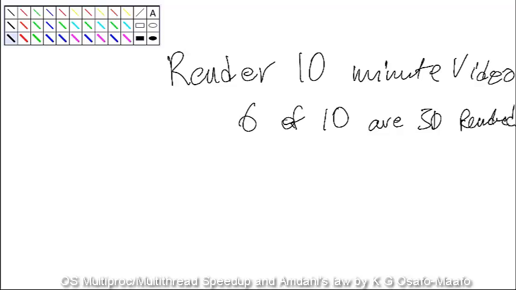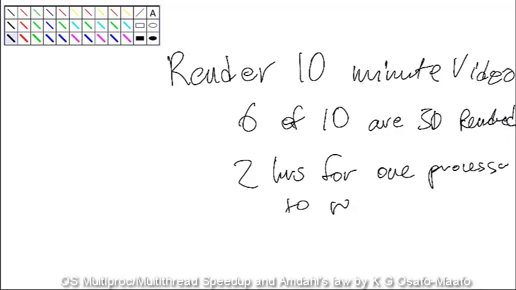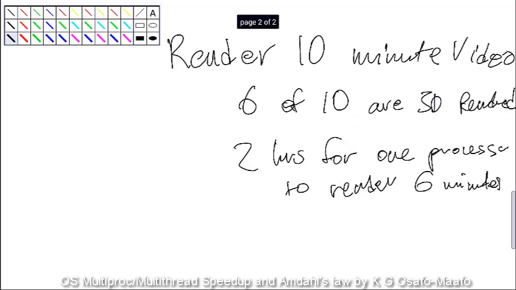And if they use just one processor to do the rendering, it will take 2 hours for one processor to render 6 minutes.